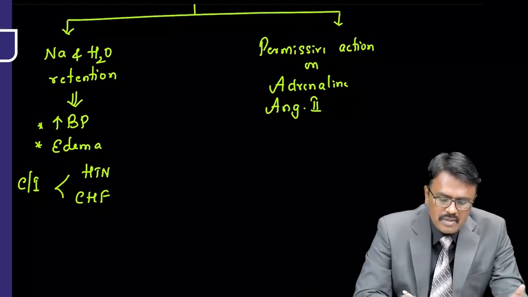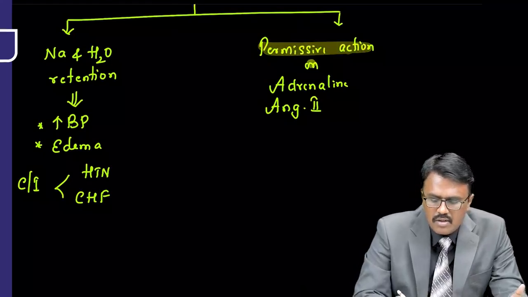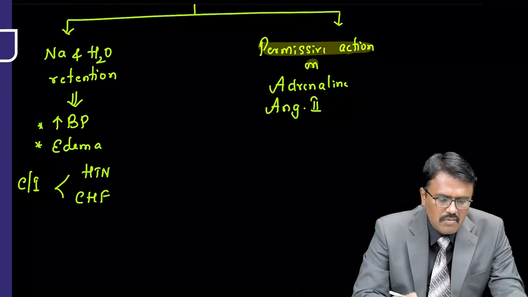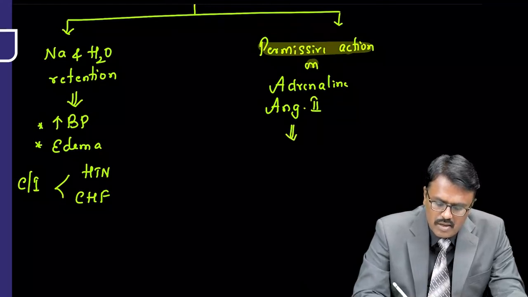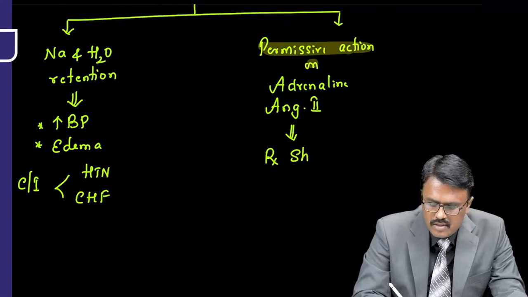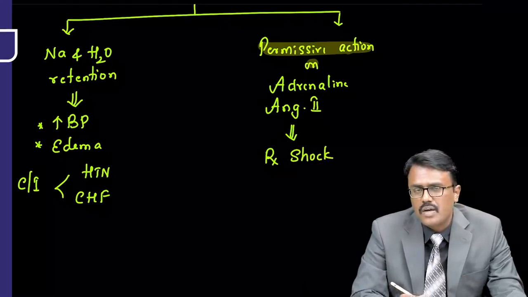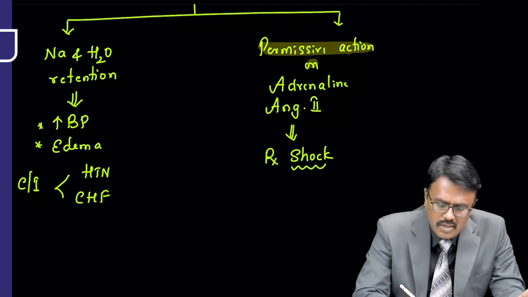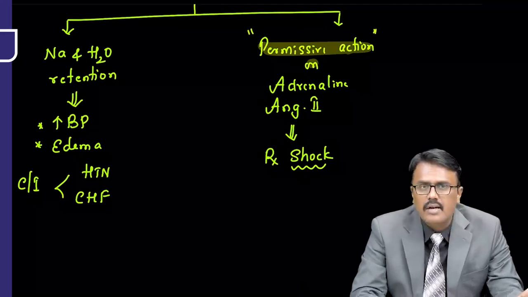Because in the absence of steroids, these will not have full effect, that is the permissive action. So that's the reason we add steroids along with other drugs to manage shock. Not only anaphylactic shock but also septic shock, we use steroids to increase the permissive action on adrenaline and angiotensin 2.